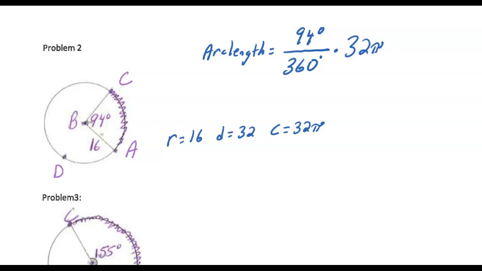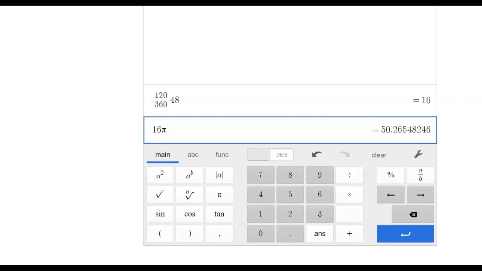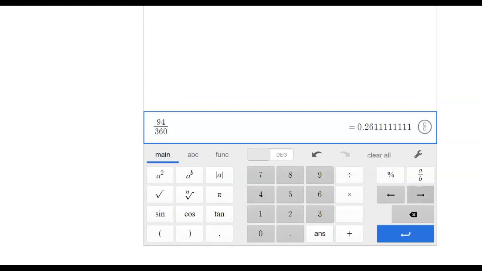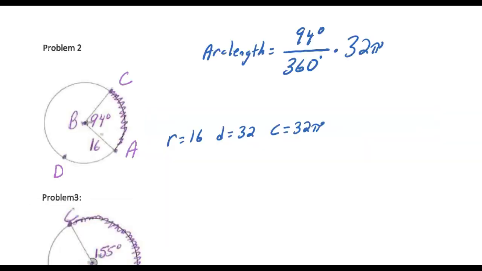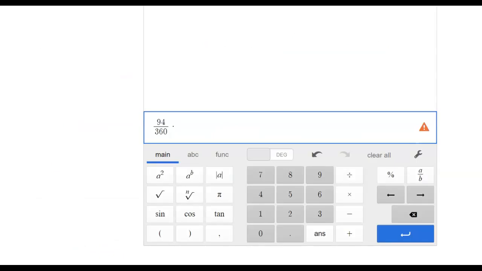And let's go to our calculator. So 94 divided by 360, let me make it clear, 94 divided by 360 times, and I need to multiply that by 32 pi, and again I'm just going to type in 32.